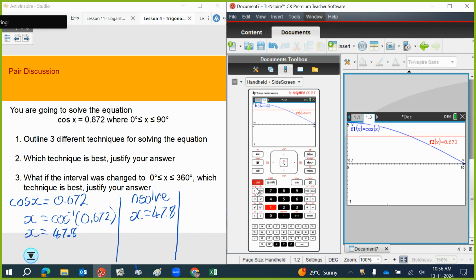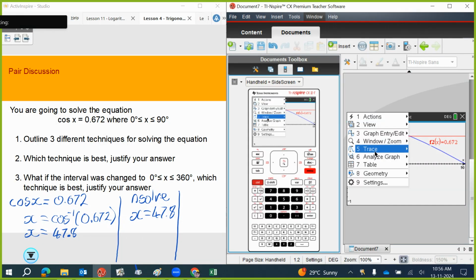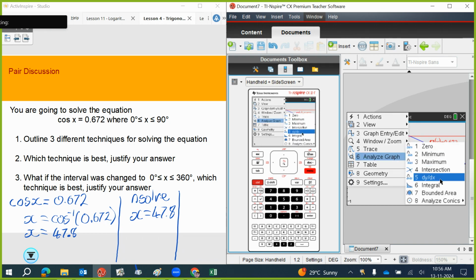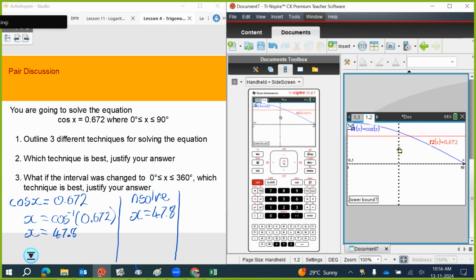With the intersection point. So we can press Menu, Analyze Graph, Intersect. And we can see that there's one intersect, and here is the answer, 47.8.